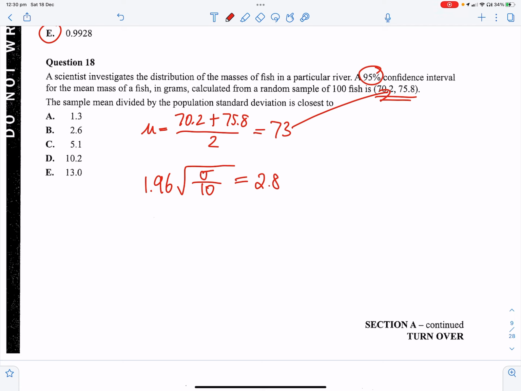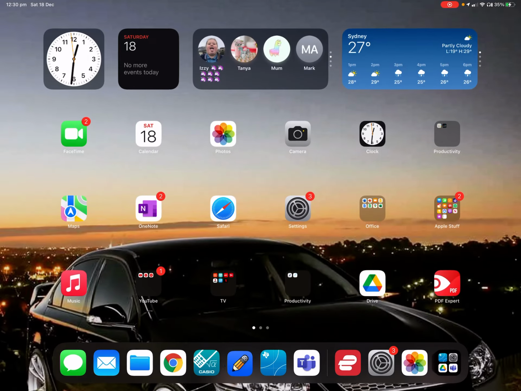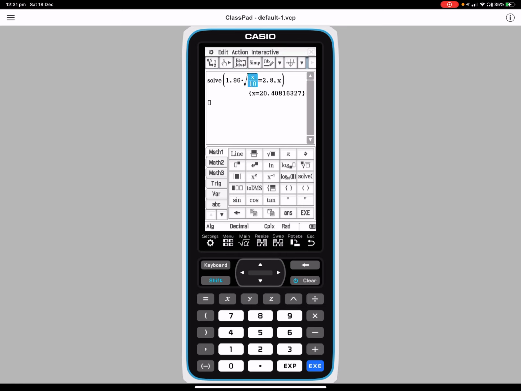Well, I buggered something up here. 73 has gone down 2.8. Oh, it's just sigma on root 10. I'm thinking of methods. X divided by root 10. 4.52.